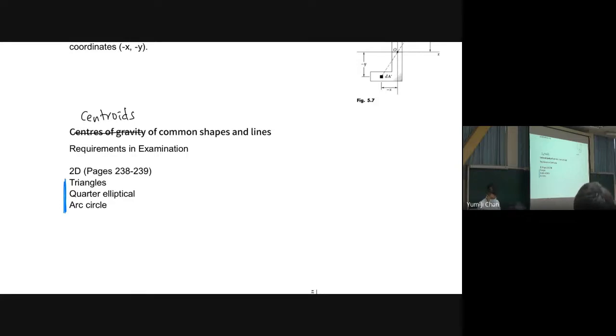Triangles, quarter elliptical, elliptical means this one, and arc circle. I only need these three, and I will talk about them on Thursday. I'll write them on Thursday.